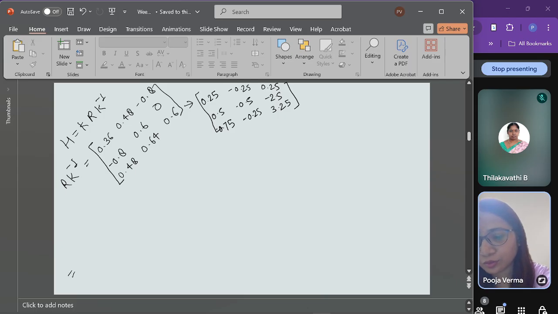Just multiply these two, and you will get a long matrix, because 0.36 into 0.25, then 0.48 into 0.5, then minus 0.8 times 0.75, and so on. Then all these values you have to multiply with K, right?